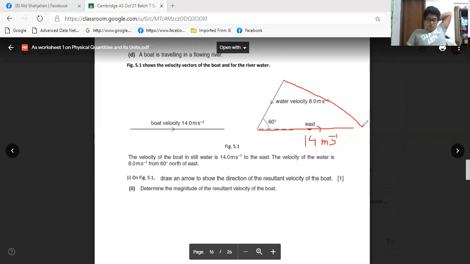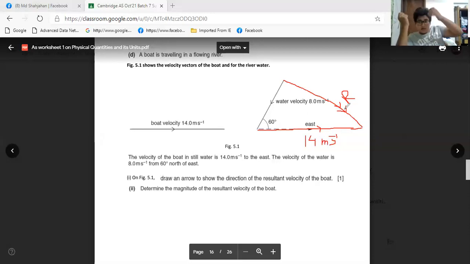The third side is in the opposite direction, and it is the resultant. The resultant we express with R, right? So on figure 5.1, they told us to draw an arrow to show the direction of the resultant velocity of the boat. We got that, right?